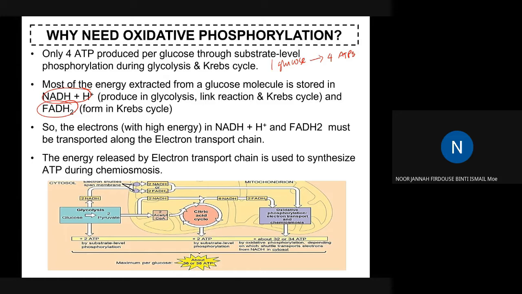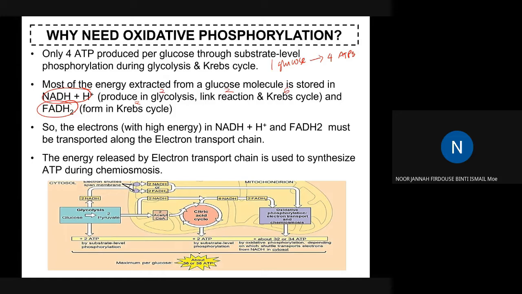During the link reaction, we also produce another two NADH. And in the Krebs cycle, we produce another 6 NADH. While FADH2 is formed during the Krebs cycle only, where we yield 2 FADH2.